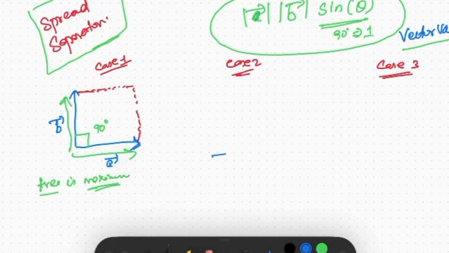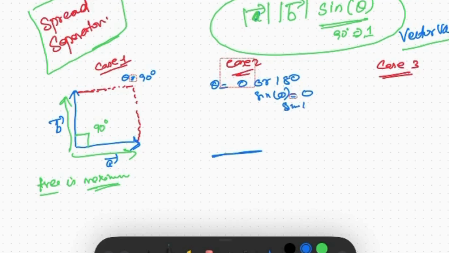Okay guys, listen. In case 1, theta is equal to what? 90 degrees. For case 2, let me take theta to be 0 or 180. So sin 0 will be 0 and sin 180 is again 0.